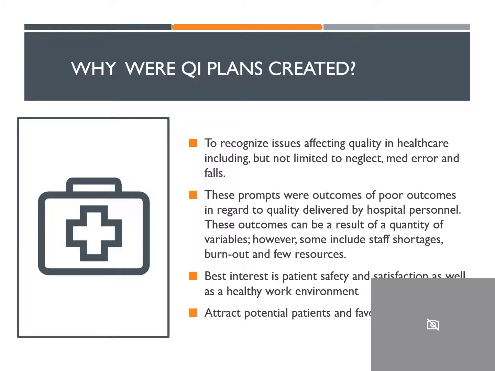Quality improvement plans are also in the best interest of patient safety and satisfaction, as well as a healthy work environment. Quality improvement plans also attract potential patients and produce favorable outcomes for hospitals and other organizations alike.